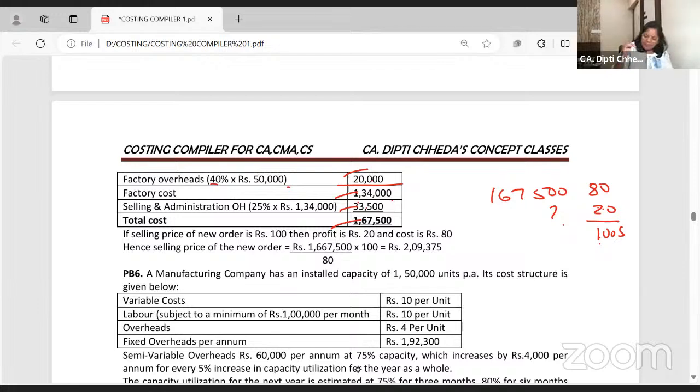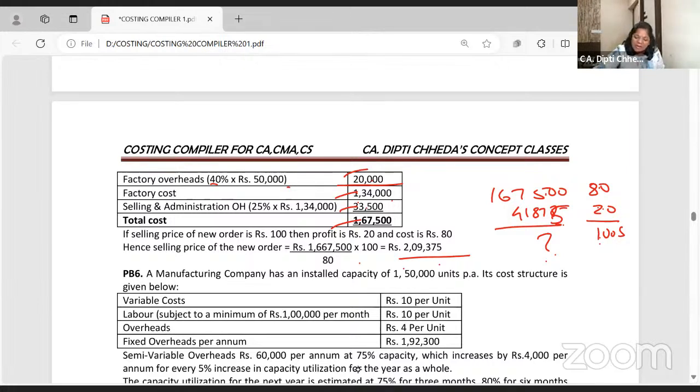This is there in the compiler also if you have purchased from me, and this is there in the study material. 41,875 plus 167,500 is 209,375. Yes, this is 80. So 100 kitna? I took out profit. They have directly taken out the sales.